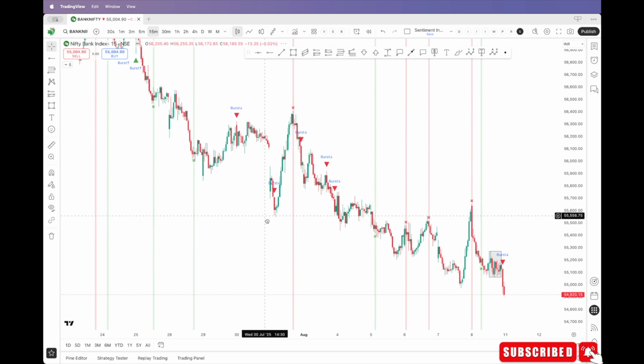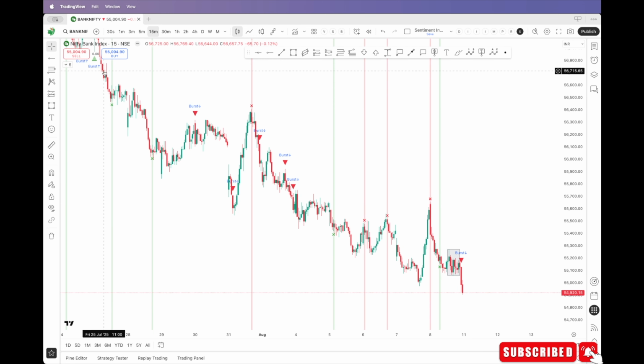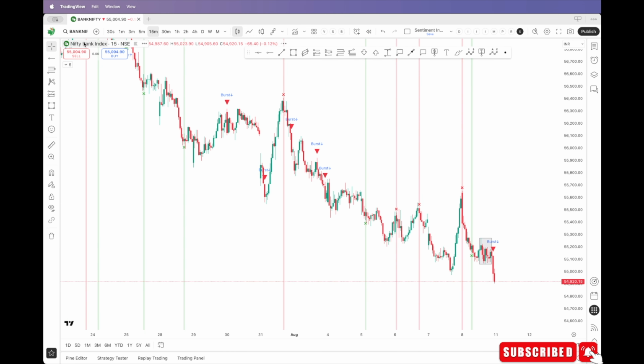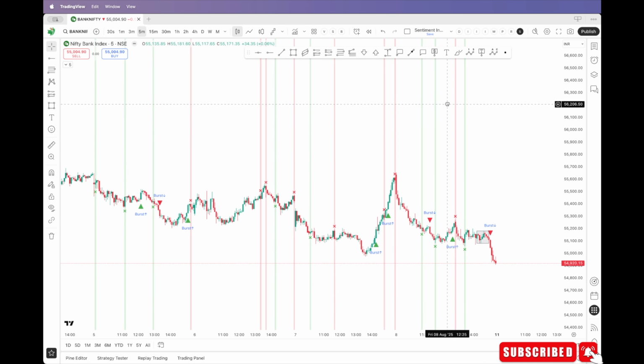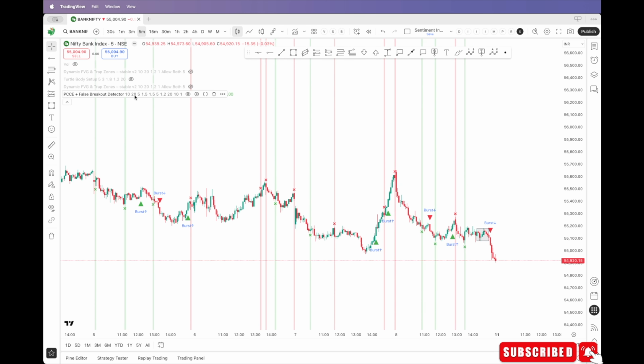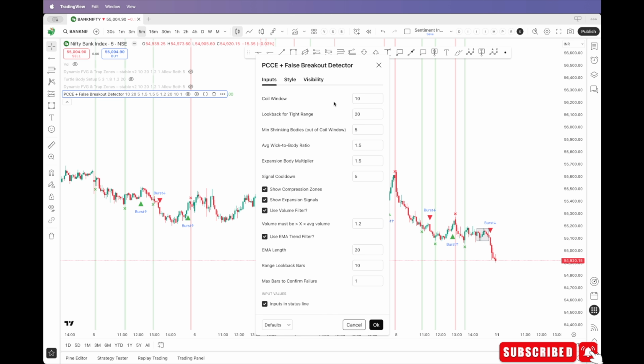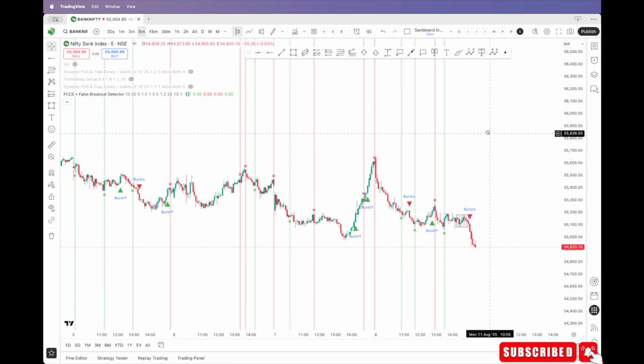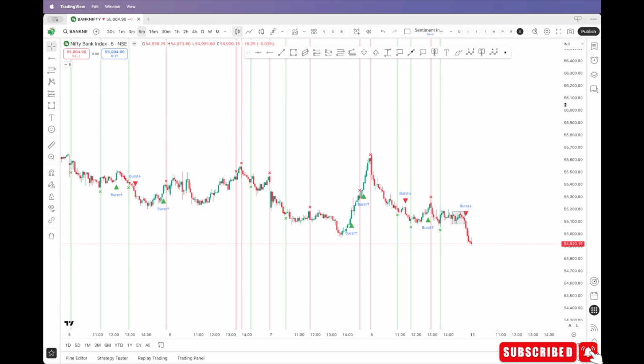Okay, so what you can do is basically on 15 minute or 5 minute you can see it, and plus you can tweak its settings as well. Coil windows, how much you want, look back, tight range. I try to modify it on the best of the settings, but feel free to modify these settings based on your trading style, right?